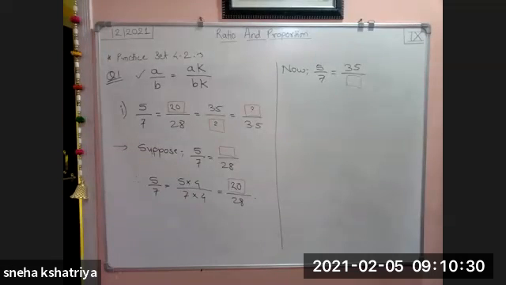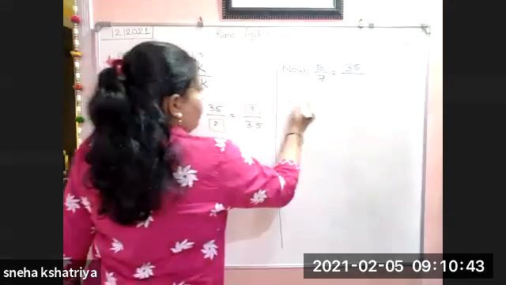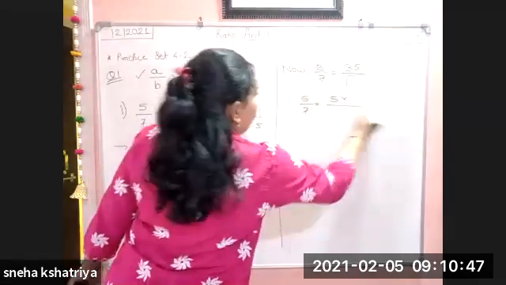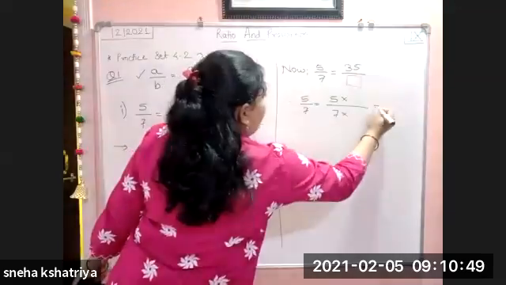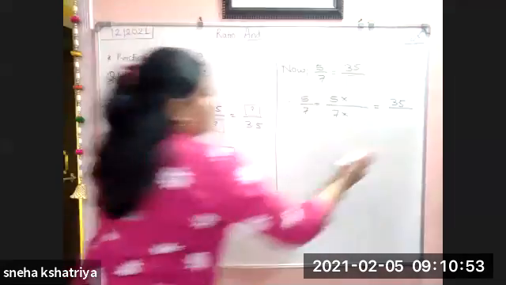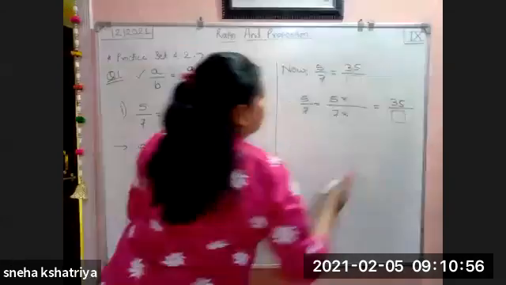Now 5 is multiplied by such a number which gives you 35. So the same number you have to multiply by 7 also, so that you will get your final answer. So we can write like this: 5 upon 7 is equal to 5 multiplied by box upon 7 multiplied by box, which is equal to 35 upon the box.